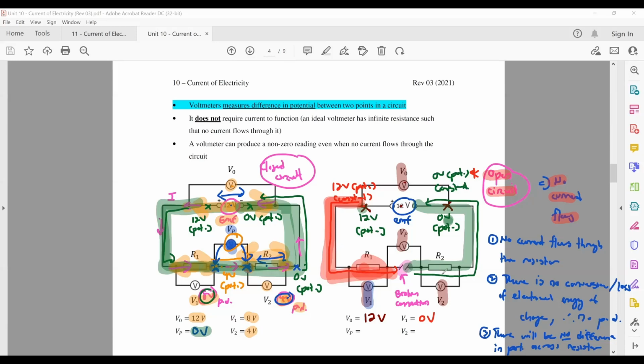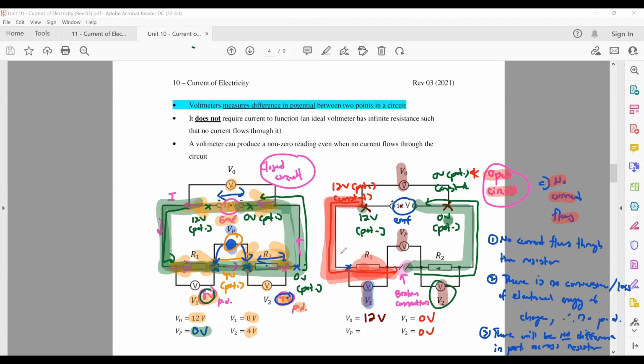Same reasoning, because you see no current flow, no charge flow, there is no change or loss of electrical energy whatsoever here. So you do not have any PD. PD here would be non-existent. So no PD, no change in potential. If I have a voltmeter across here, I will be getting a 0 volt. So maybe it's better I just write out the potential values.